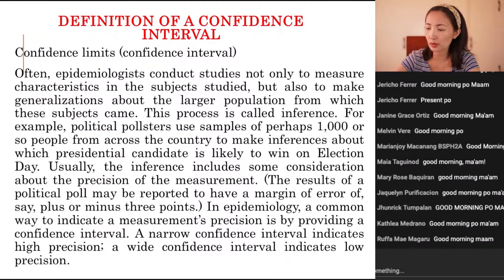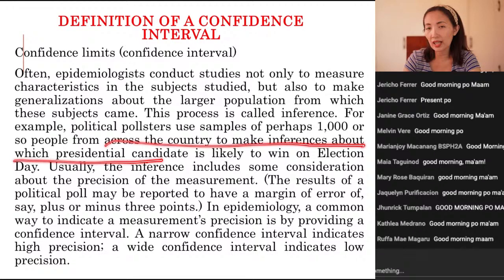For instance, your political pollsters, during or prior to election, use samples of maybe 1,000 or 10,000 across the country to make inferences about who among the presidential candidates is likely to win.